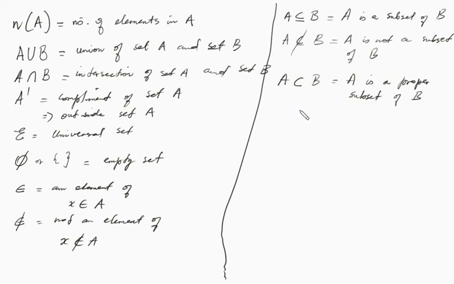All elements of set A are also elements of set B. Or we could say A is not a proper subset of B. That means all elements of set A are not also elements of set B.